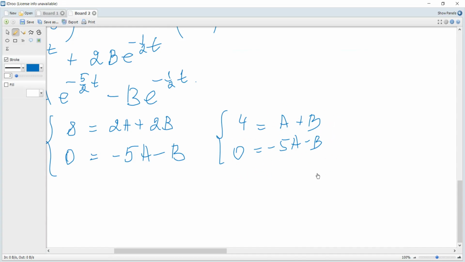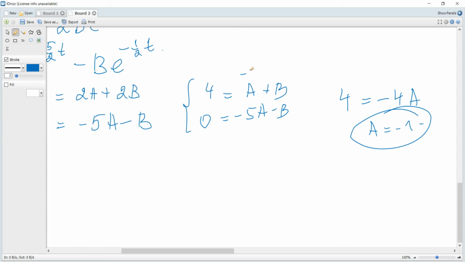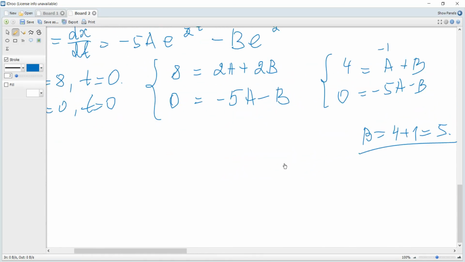So we get 4 is A plus negative 5A, so negative 4A plus 0. So A is negative 1. Then B is 4 minus negative 1, which is 5, or negative 1 plus 5 equals 4. B is 5, A is negative 1.